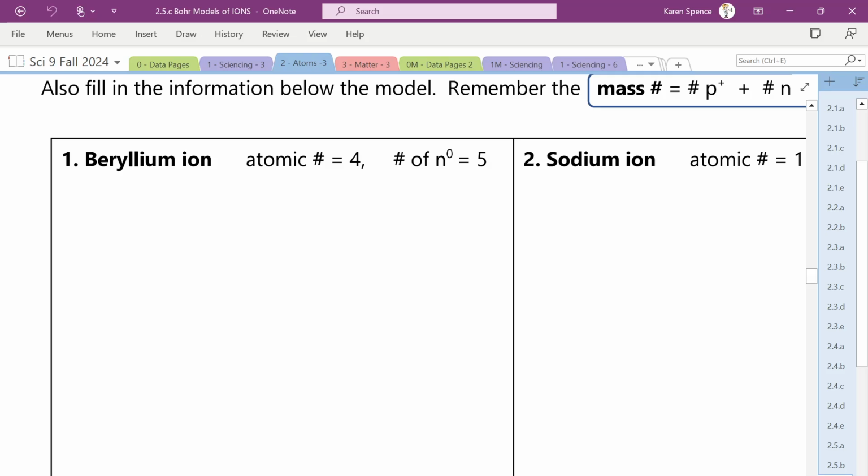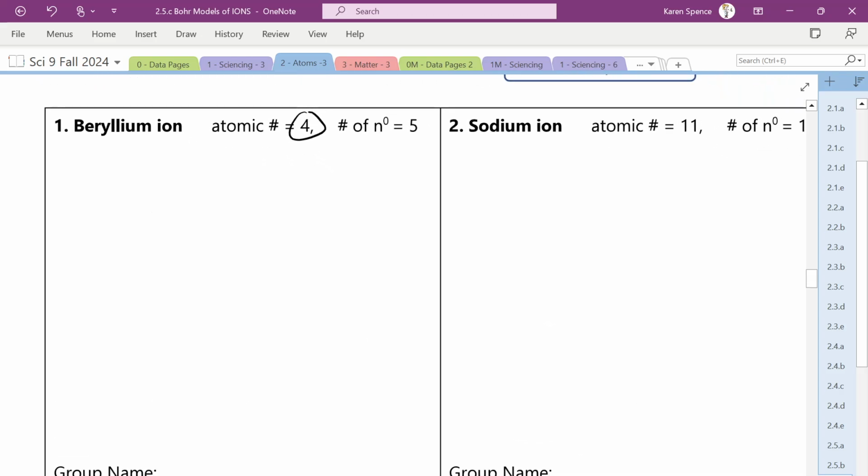Okay, beryllium ion. I want to make sure that in the center, in your nucleus, you need to have both protons and neutrons. So make sure those are both in the middle. When you have your quiz on Tuesday, I will have drawn the circle for you, okay?